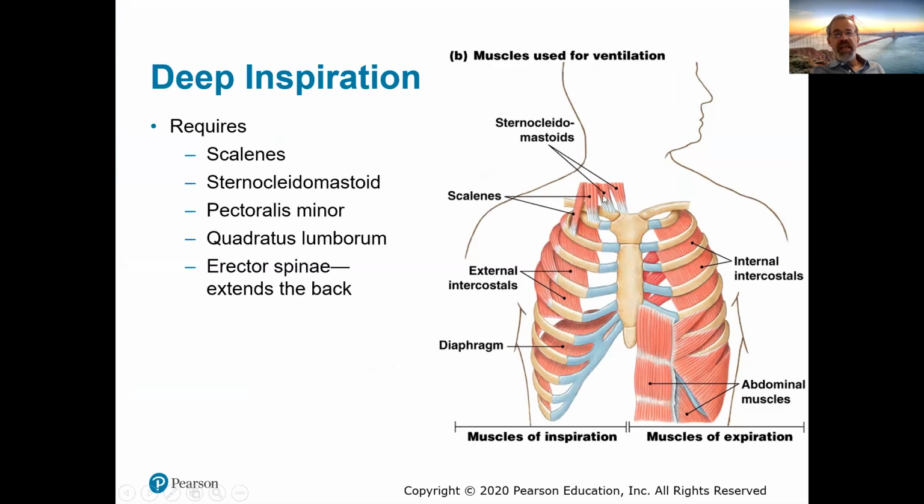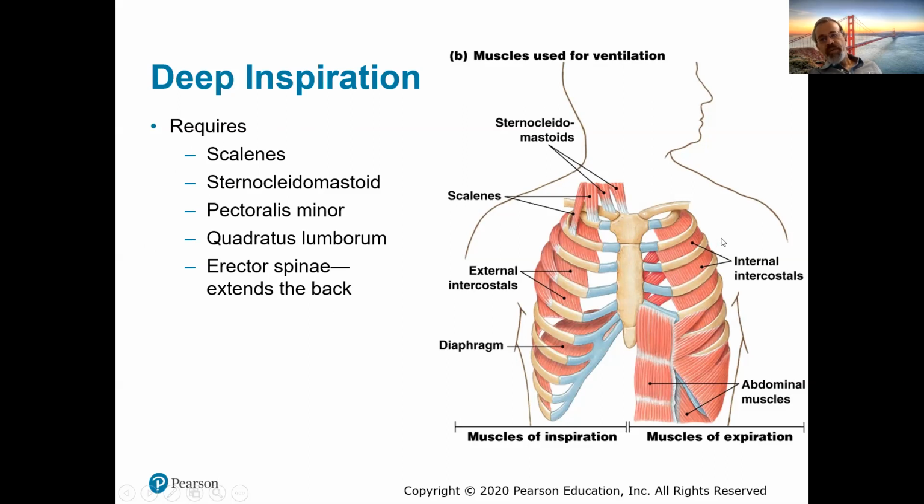Here you can see the scalenes, remember those? SCM, the pectoralis minor, which doesn't really show here, but they are involved. The quadratus lumborum, and even the erector spinae on the back. It only shows some of those, but these are all involved in deep breathing, bringing air in.